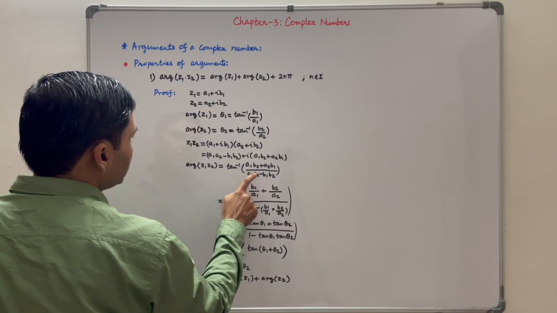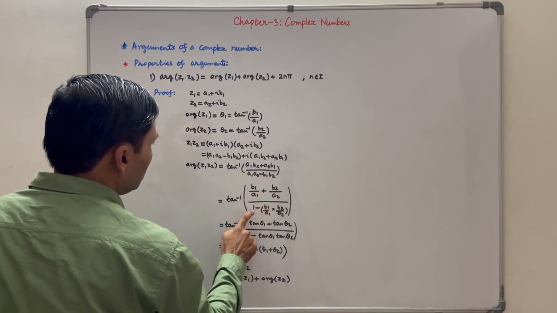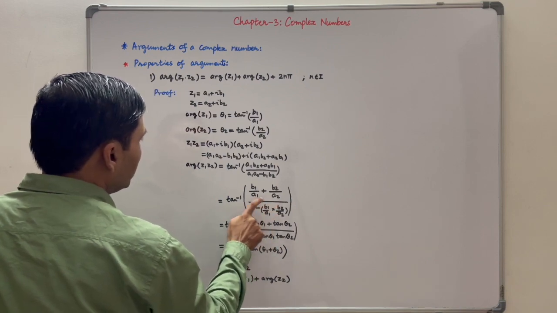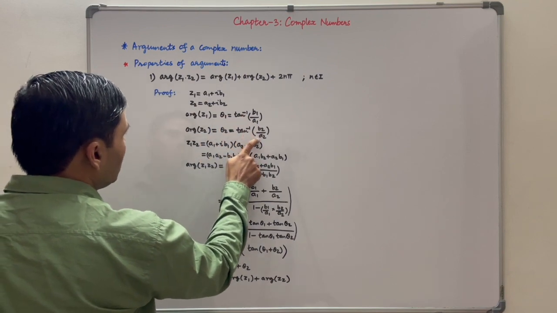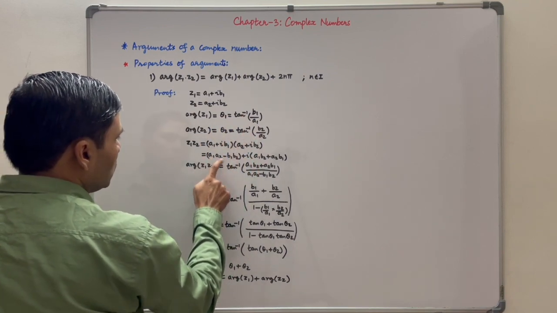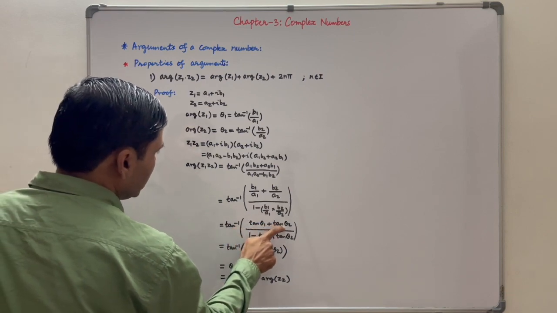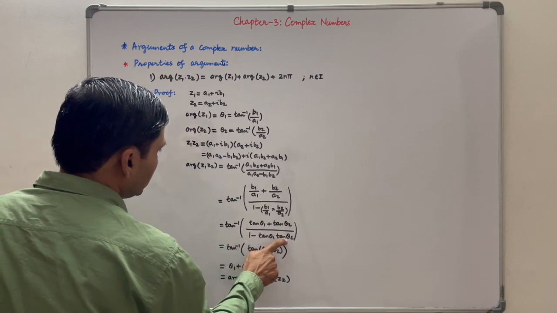This can be rewritten as B1 upon A1 plus B2 upon A2 upon 1 minus B1 upon A1 into B2 upon A2. B1 upon A1 is equal to tan theta 1 and B2 upon A2 is equal to tan theta 2. So this can be written as tan theta 1 plus tan theta 2 upon 1 minus tan theta 1 into tan theta 2.